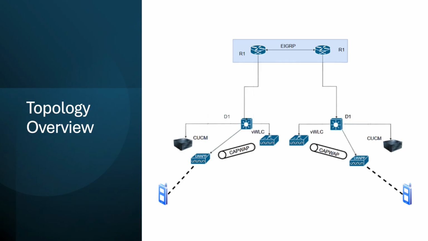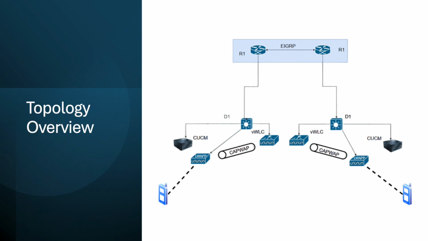As you can see, we have EIGRP going between our two routers, and then we have our routers connected to D1 switches. Originally, we were going to have two routers and two switches per side, but after talking with some friends, we realized that it would be simpler if we just condensed everything onto one router and one switch per side.